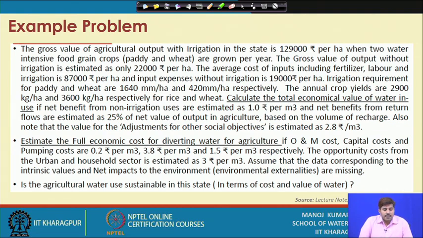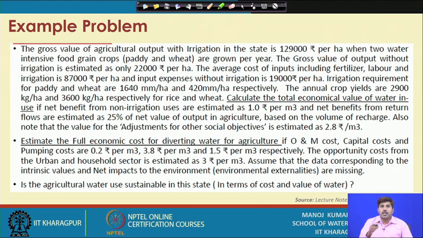The gross value of agricultural output with irrigation in a state is given as 1,29,000 rupees per hectare, when two water-intensive crops, paddy and wheat, are grown in a year cycle. The gross value of output without irrigation is estimated at only 22,000.